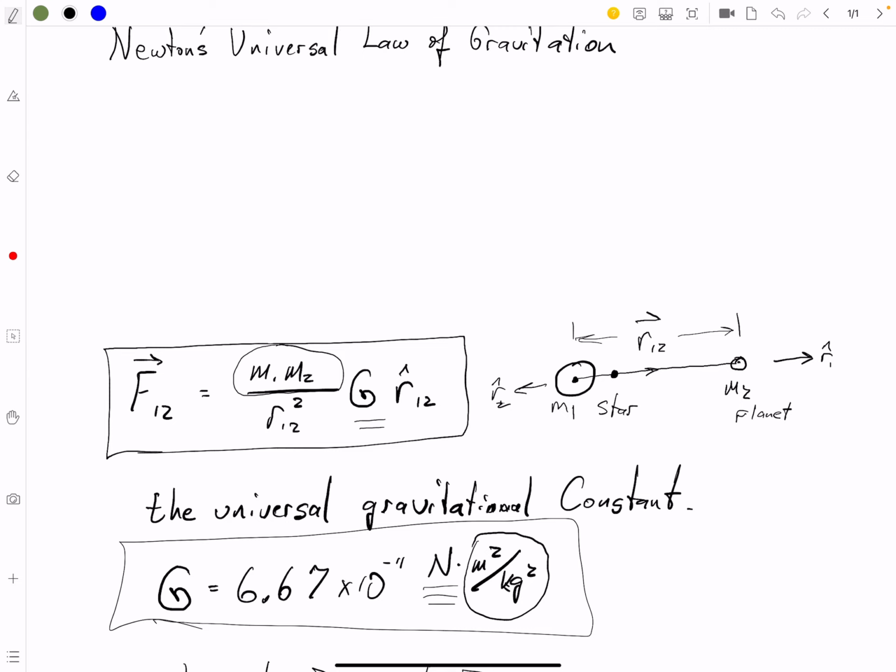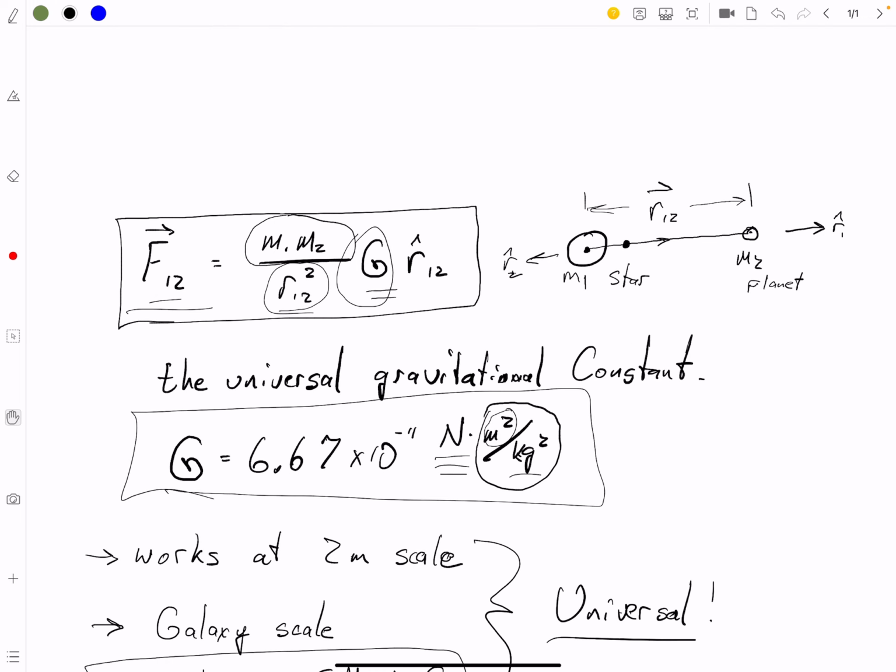Because it's equal to a force. So the kilograms have to divide out. The meters squared have to cancel. So we've got meters squared in the numerator, kilograms squared in the denominator, because that's just how it has to be for this constant to give us newtons in the end. All right? So that's how that works.